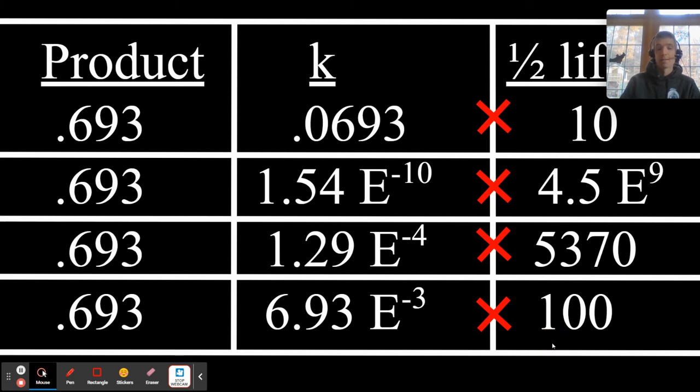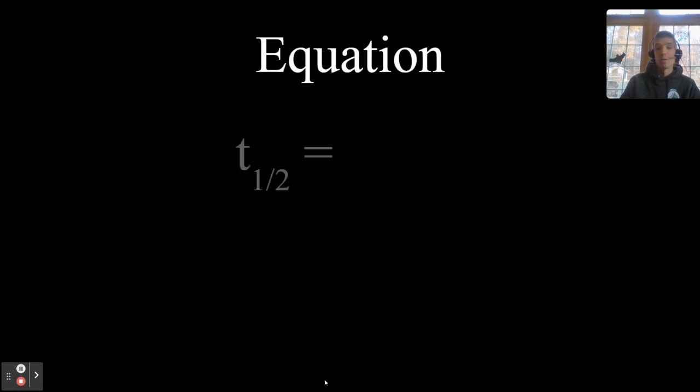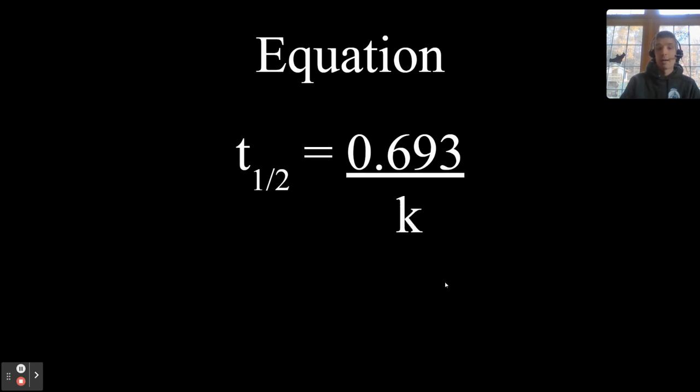I get 0.693. So from this, I can come up with an equation where your half-life is 0.693 divided by k, or k is 0.693 divided by the half-life.